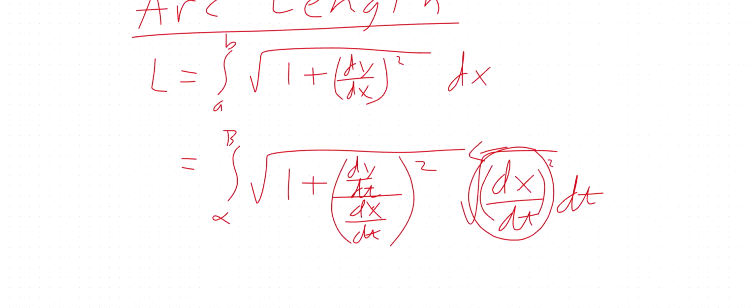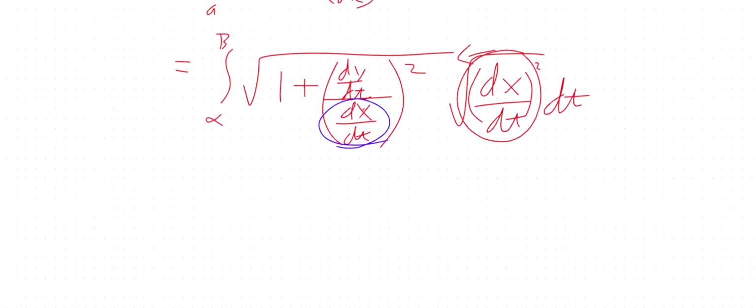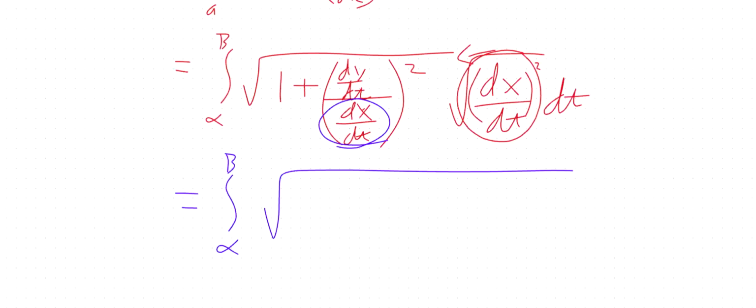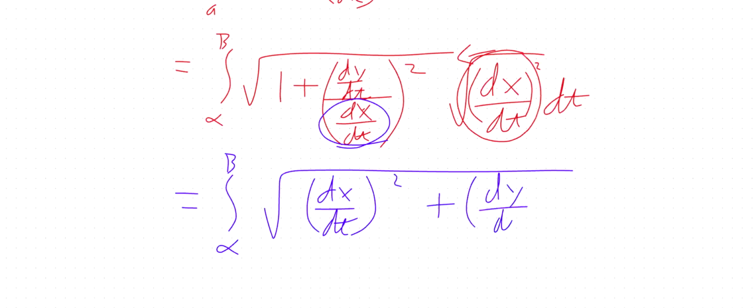So that will allow our bottom part here to cancel, and it gives us a little bit friendlier version of our (dx/dt) squared plus (dy/dt) squared, dt. So it looks a little bit nicer.